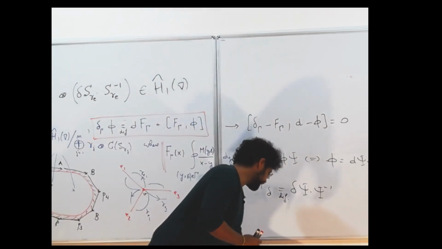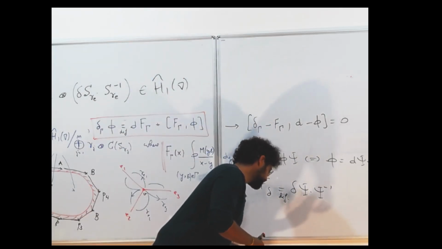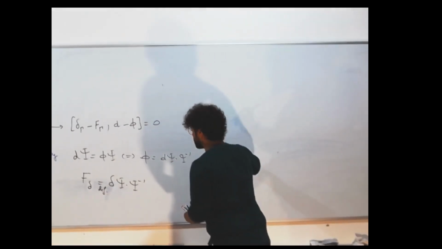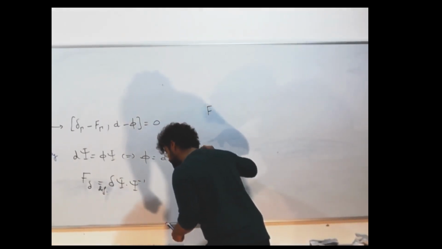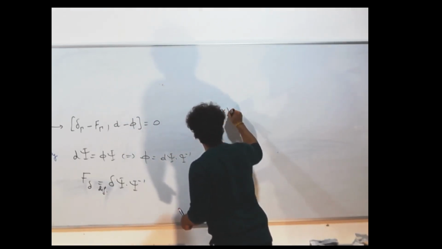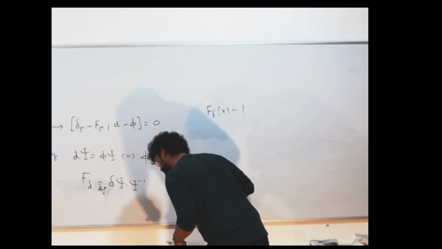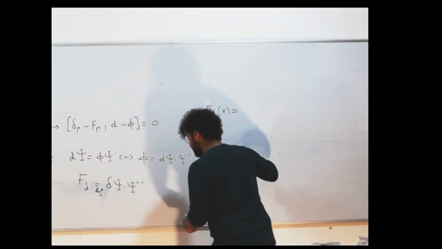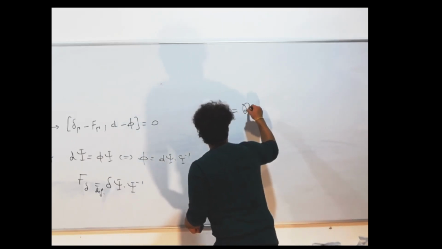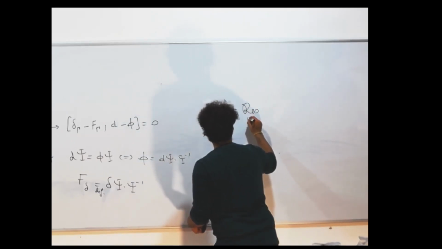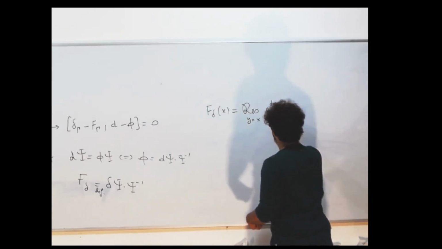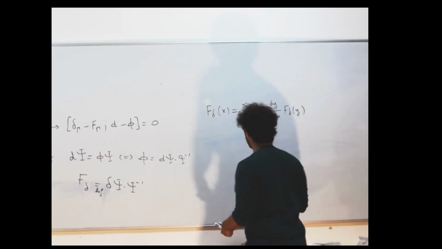Okay, then you can use the Cauchy residue formula, right, to write in general f delta of x minus, say, so basically as, just write the residue at y equals x of dy over y minus x times f delta of y.